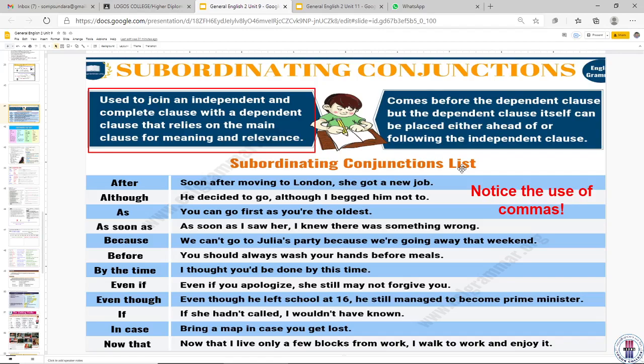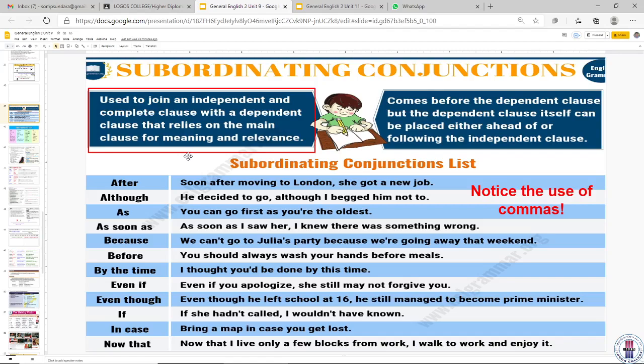These are called subordinating conjunctions because they usually are part of a dependent clause, right? And a dependent clause is a clause that is not a complete sentence, so it needs an independent clause where it becomes a complete sentence, which is a complex sentence.